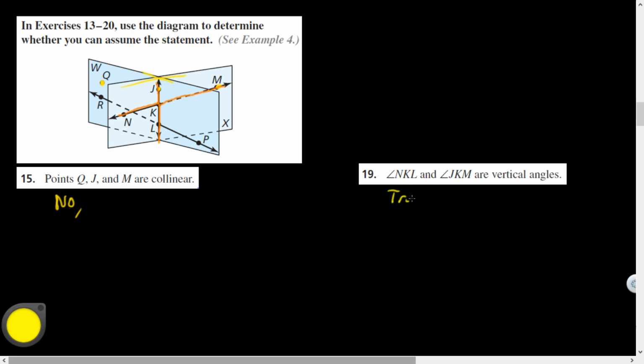That's true, or yes. I can assume this. Yeah, because they form 2 pairs of opposite rays, being ray KN and KM, and ray KJ and ray KL. All right, so true, true, true.